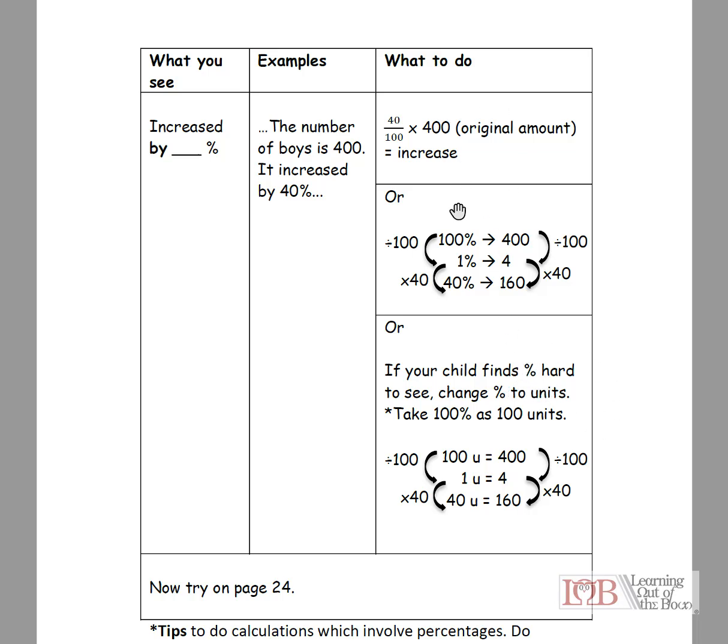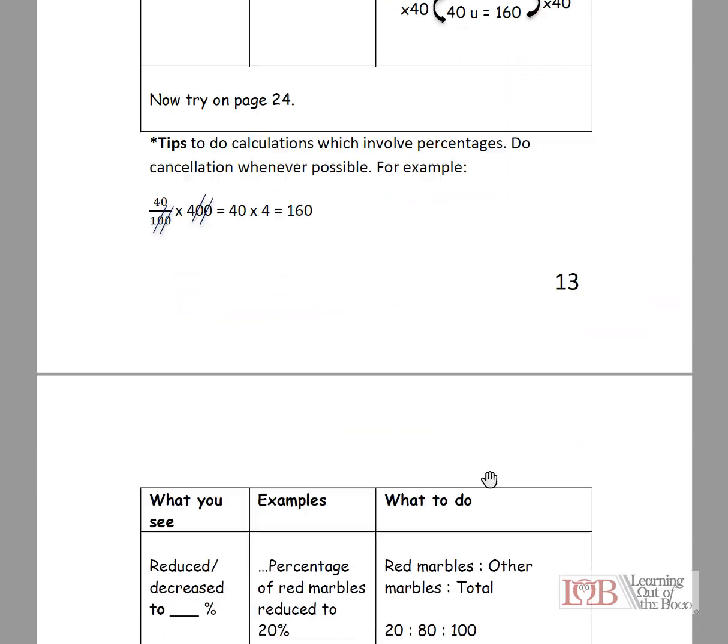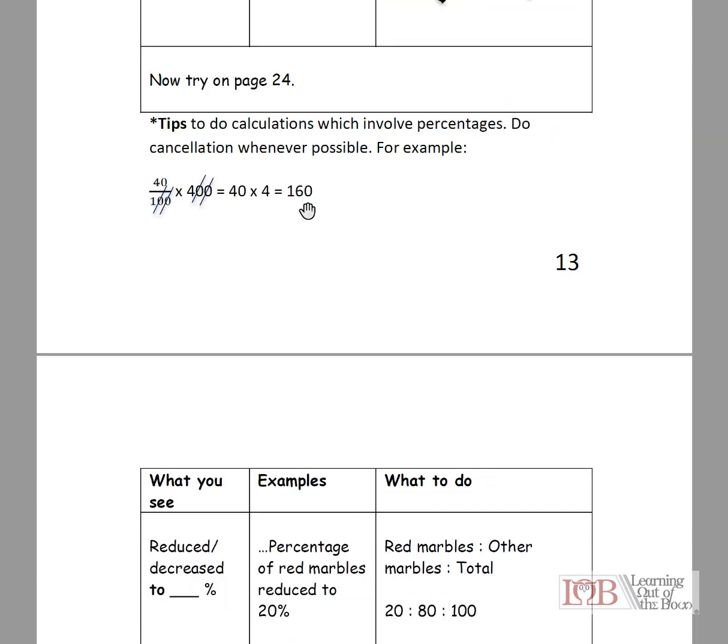You can either do this or do this, or if this is confusing for you, you can change percentage to units and it's the same thing. And remember this little trick of cancelling the zeros, because it can actually make your calculation much faster without relying too much on calculator.